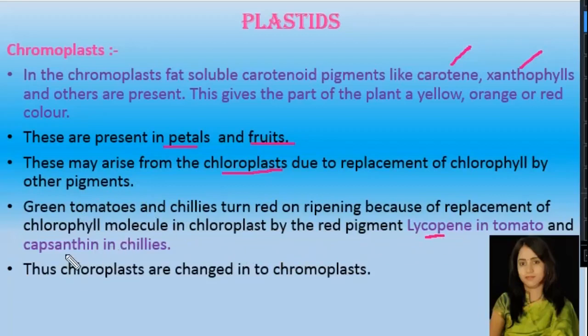Similarly, in case of chilies, capsanthin is formed from the chlorophyll. So due to the change in the pigment molecules, chlorophyll will get changed into lycopene in case of tomato, and chlorophyll will be replaced by capsanthin in case of chilies. Okay, thus chloroplasts are changed into chromoplasts.